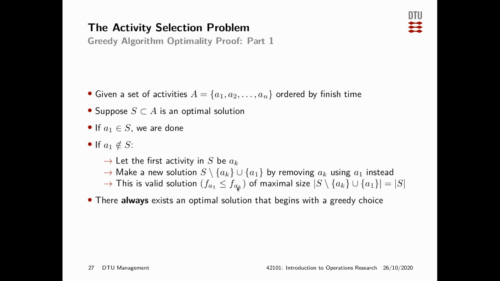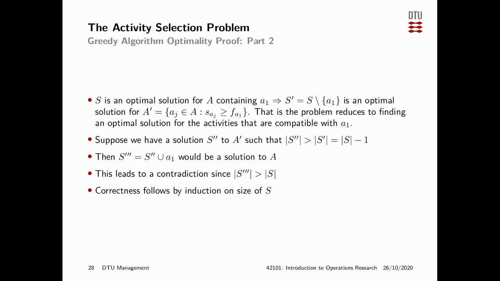It can finish no later than activity K. So whatever activities activity K is compatible with, so is activity 1. By doing this, we obtain a solution that has the same cardinality as S. And this completes the proof. This shows that we can always find an optimal solution that begins with a greedy choice. If it doesn't, we can always swap it in and obtain something with the same objective value.